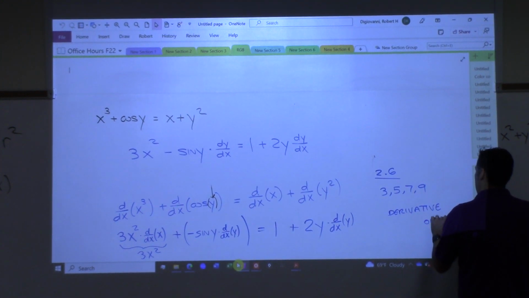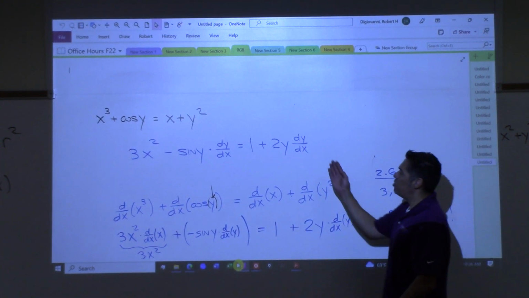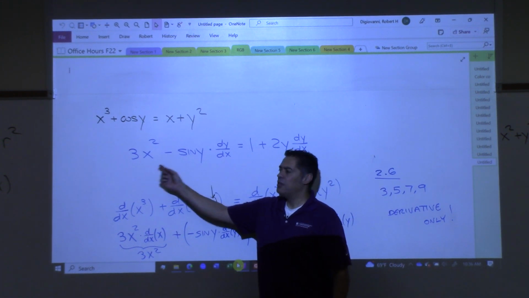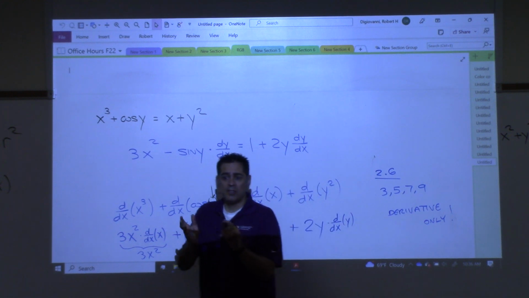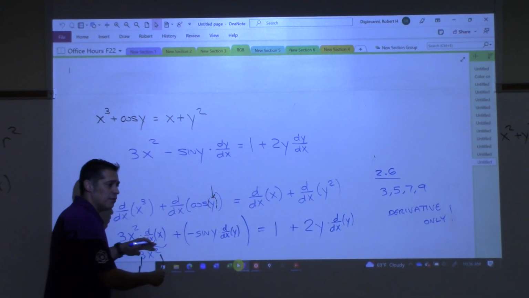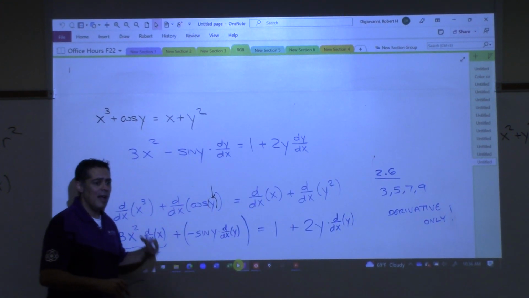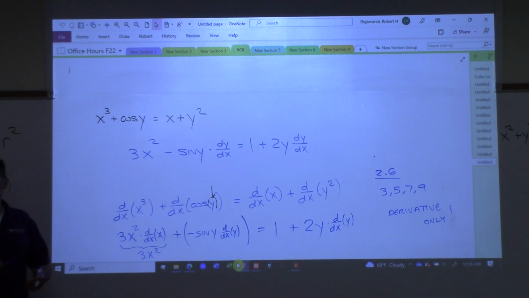What I mean is, I want you to get to this stage right here. You do not need to go solve for dy dx and get it by itself on one side of the equation. Just see if you can actually execute the differentiation properly. Next class, I'll show you how we do that because there's usually a lot of algebra involved in that.